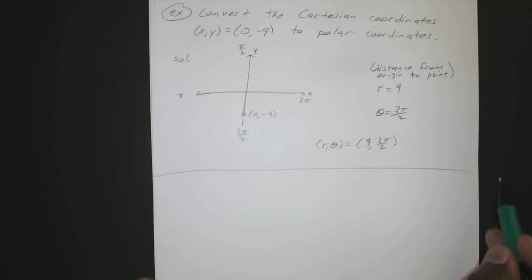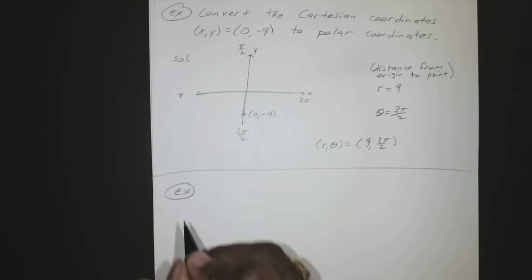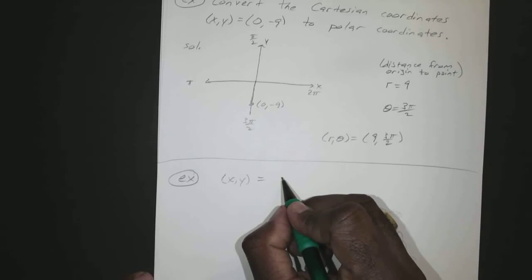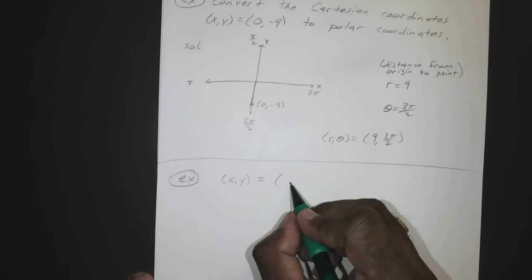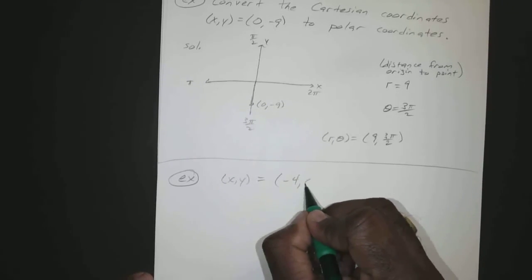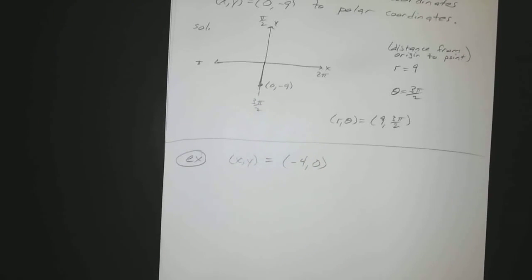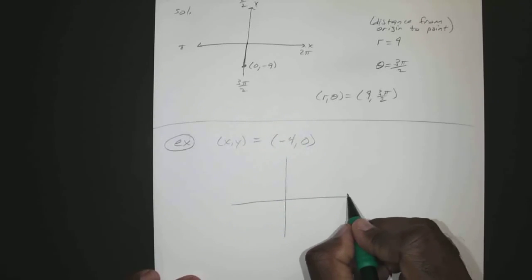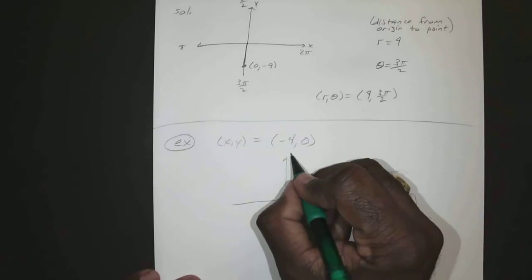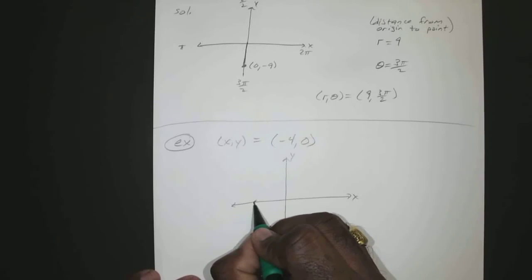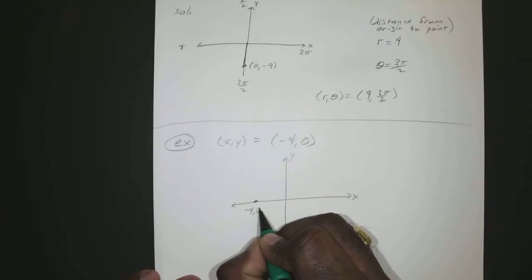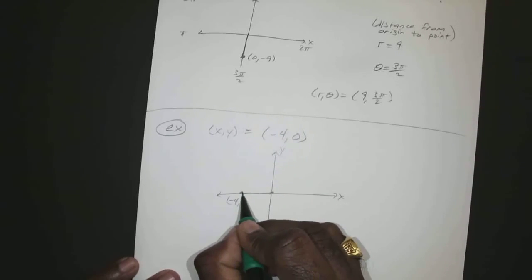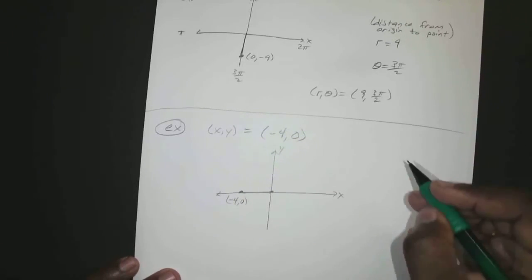Okay, so if you had, let's say, xy is equal to, say, -4, 0. If you drew a quick graph, that's your x, that's your y, and this is the point -4, 0, then the distance from the center to this point will be 4.